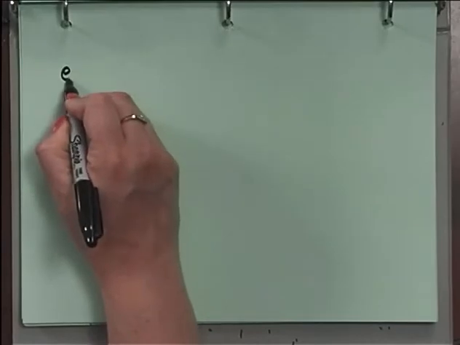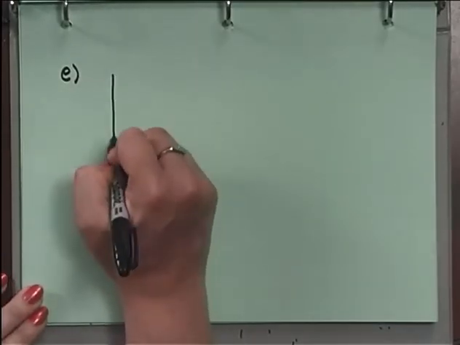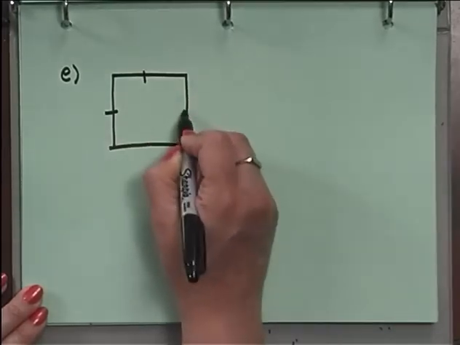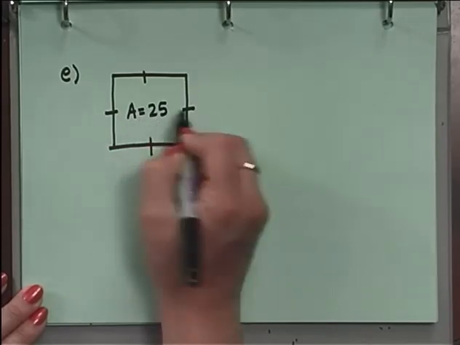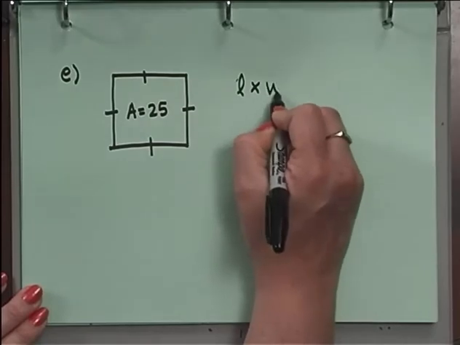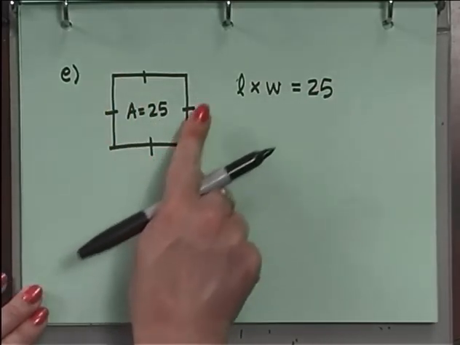For problem E, we're told the area of a square is 25 square inches. So we have a square whose area is 25. Well, for the area to be 25, that means that the length times the width must be 25. Since we have a square, both sides have got to be the same.